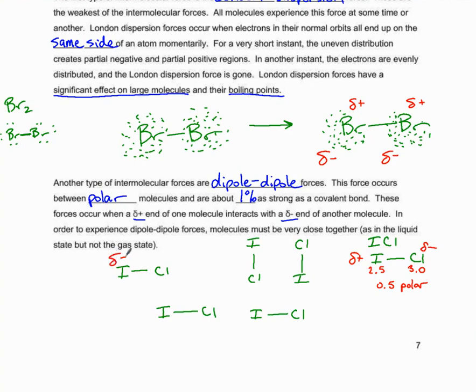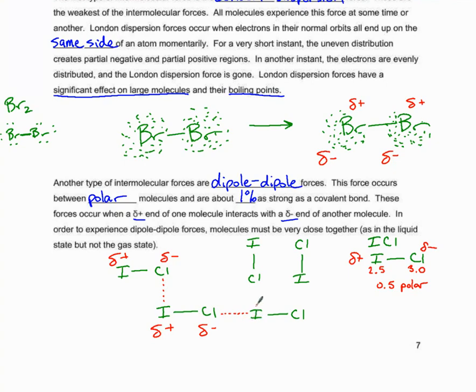And so looking at this one first, I have my positive and negative ends. The partially negative end of this molecule is going to interact with the partially positive end of this one next to it. Same thing. The partially negative end here is going to interact with the iodine of this molecule.